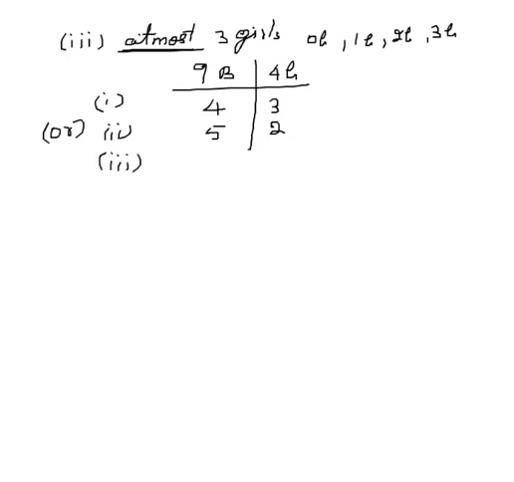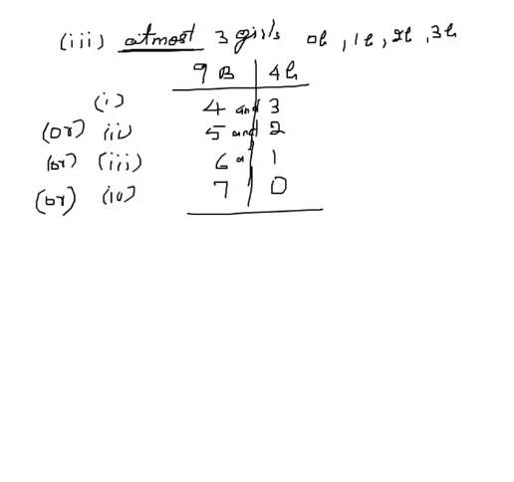The third case, select 1 girl, 7 minus 1, 6 boys we have to select, or if we select 0 girls, we have to select all 7 boys. Here we have 4 boys and 3 girls, or 5 boys and 2 girls, or 6 boys and 1 girl, or 7 boys and 0 girls.